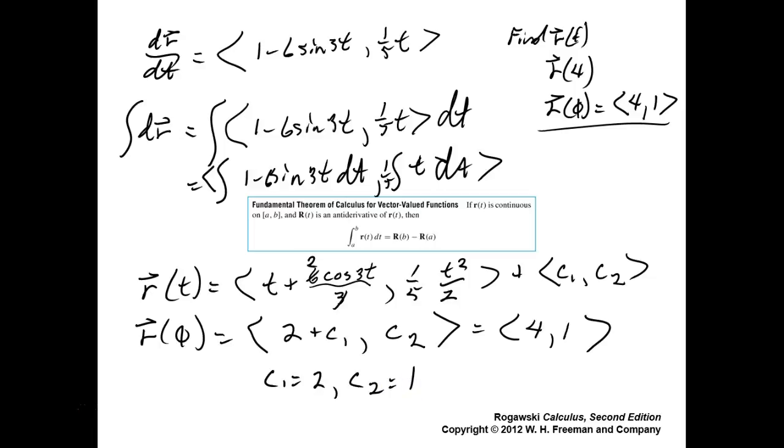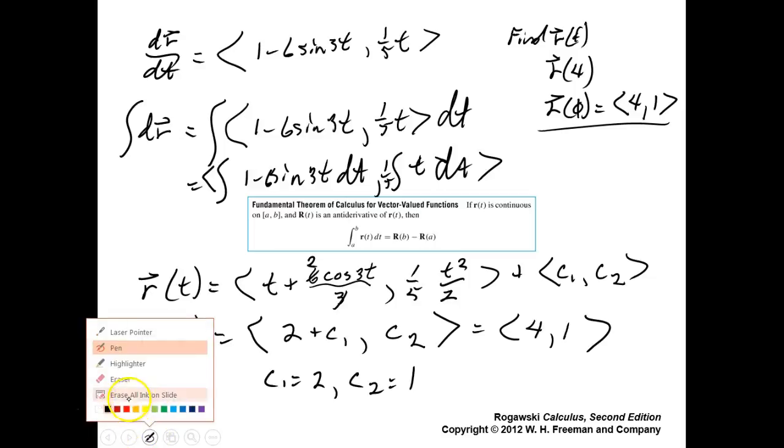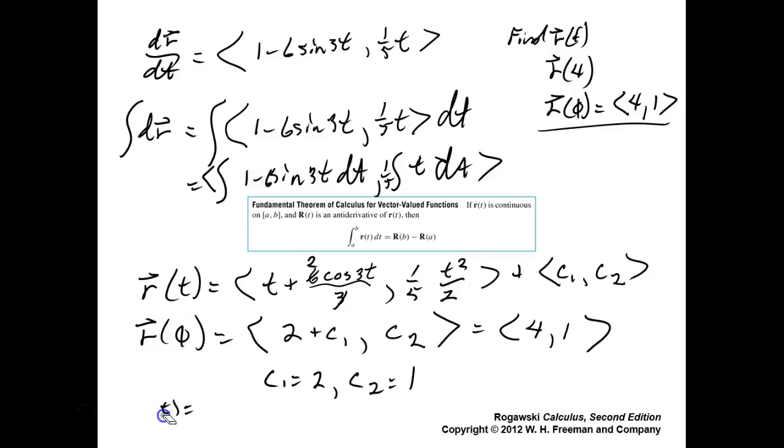Okay. So now we know that R of t, I'll draw it down here. I'm going to rewrite it as R of t is equal to, rather than down here, I want to save that space.